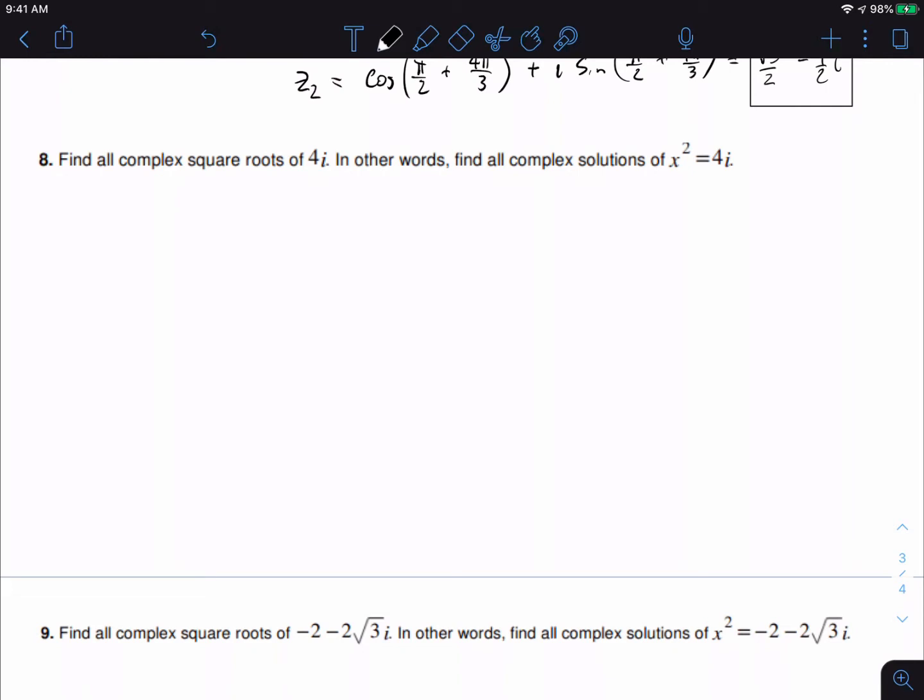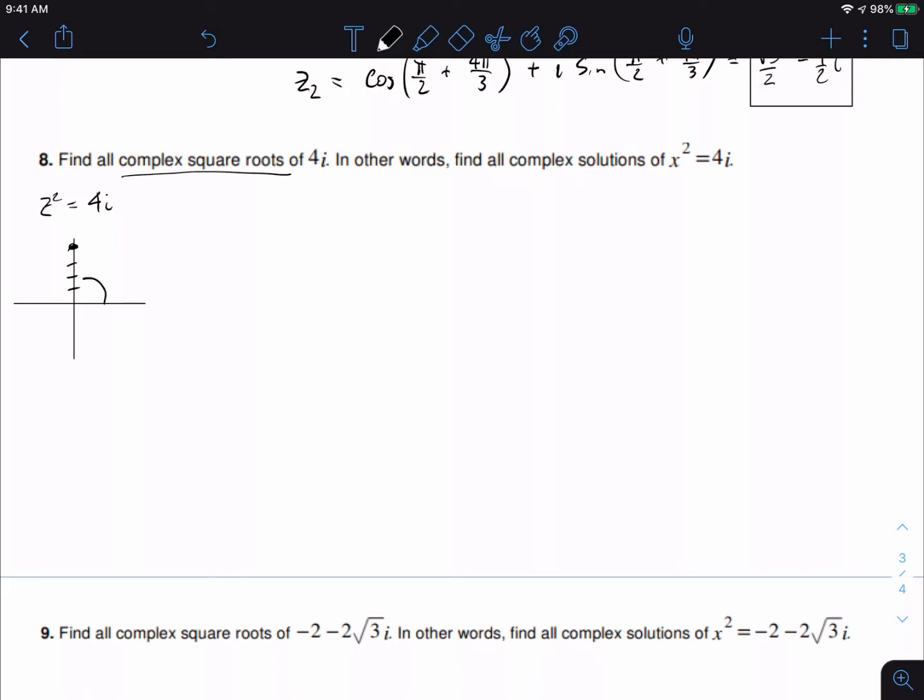Okay, so in this example, we're looking for, again, a complex square. So that means I'm going to have z squared is equal to 4i. So when I graph this thing, I always want to have a graph. 4i is up here.